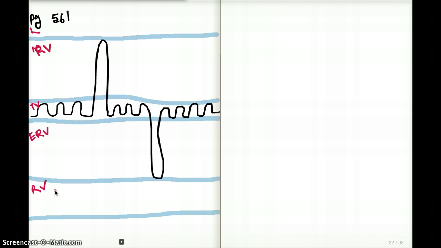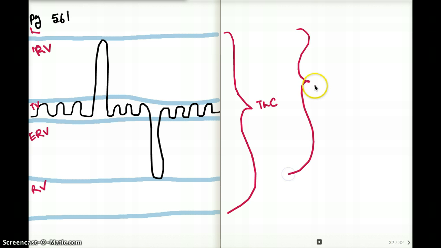Okay, when we add all of them up, we get the total lung capacity. And when we just leave out the residual volume, from the top until here, we call that the vital capacity. And if we add residual volume and ERV, this is going to be our FRC.